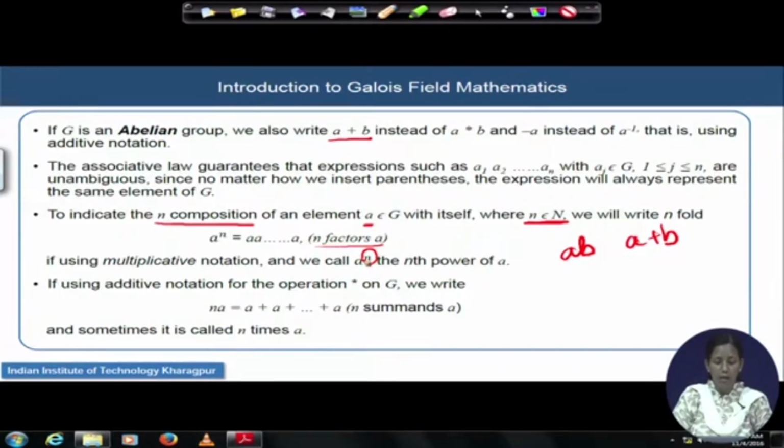And if we use the additive notation, then it will be A plus A added n times. So, we call it n summands of A, and we will end up with n into A, sometimes called n times A also, like the conventional system.